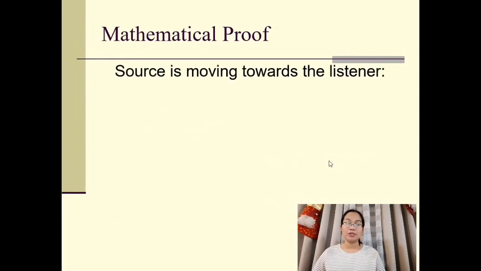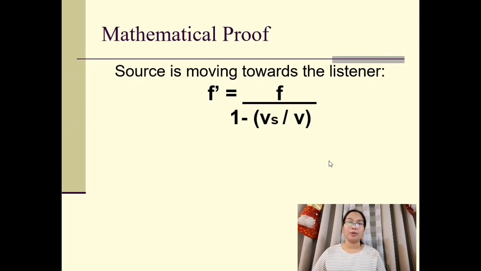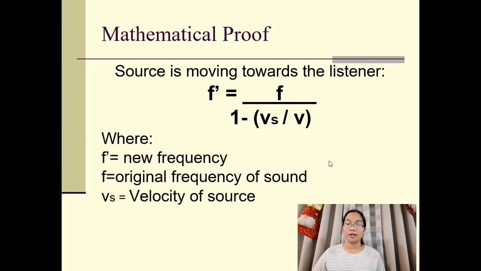Okay, this here is an equation describing the Doppler effect. We have here the new frequency, or the apparent frequency that we hear, equals the frequency that the source is producing over 1 minus the velocity of the source divided by the velocity of sound. Take note also that the velocity of sound is affected by temperature.